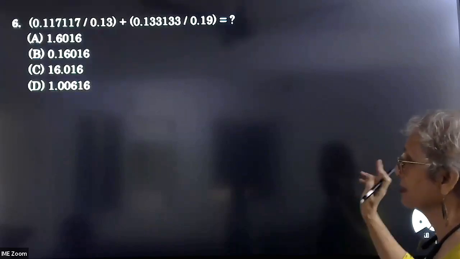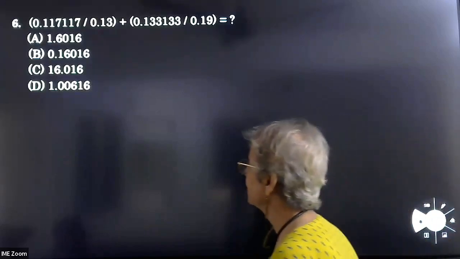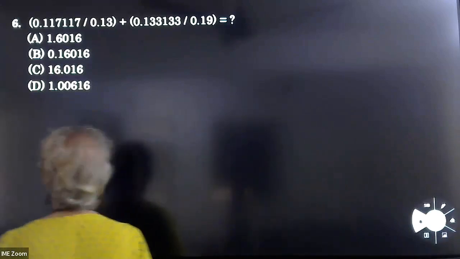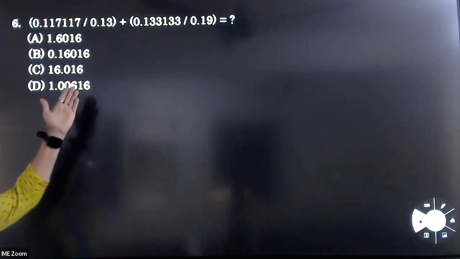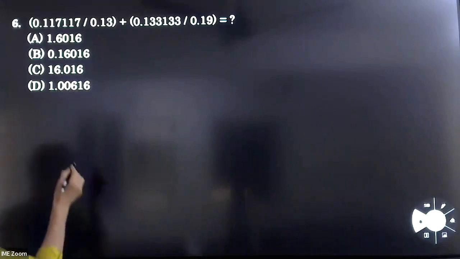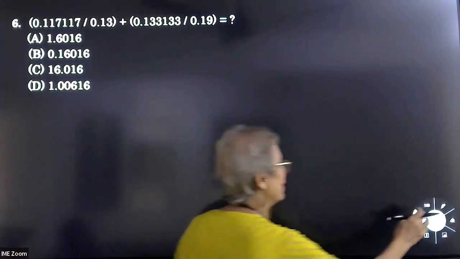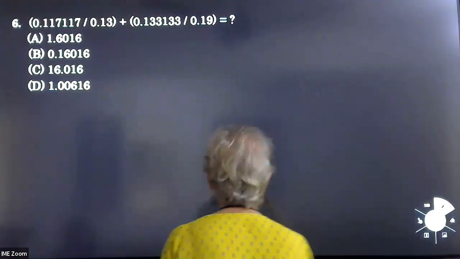We have done this. This is the last one now, I think. Let us see. I don't know whether there is any, but let us see. This is again division. Okay, so let us first simplify first part.